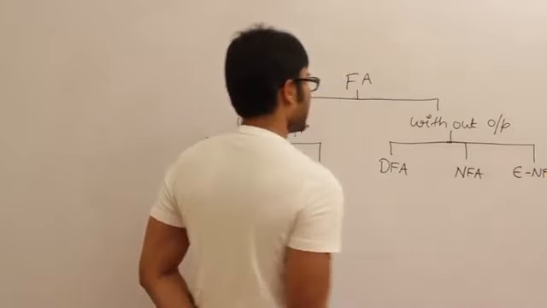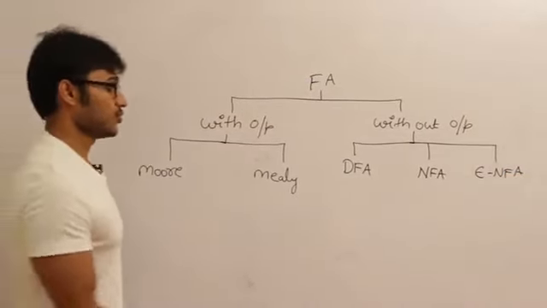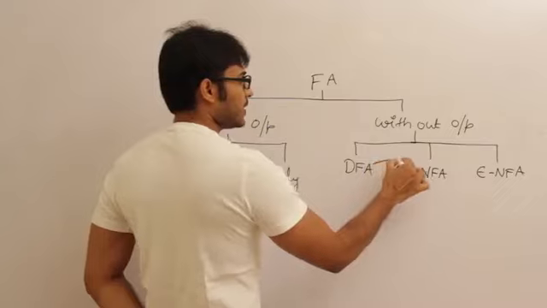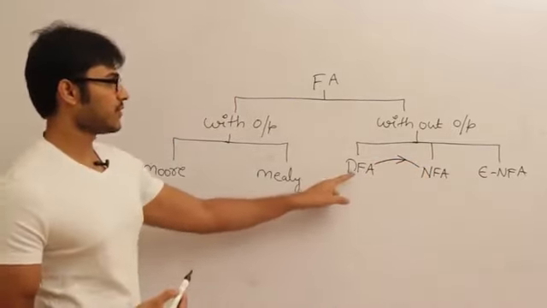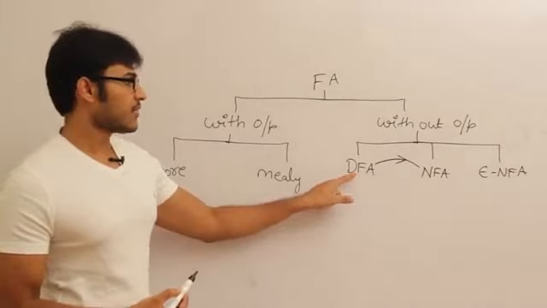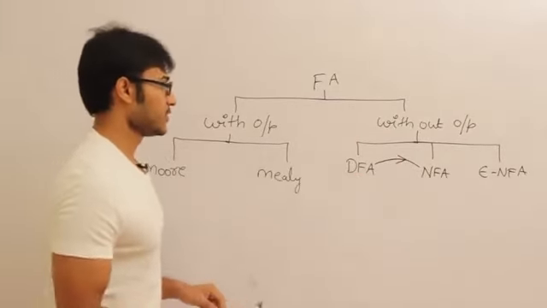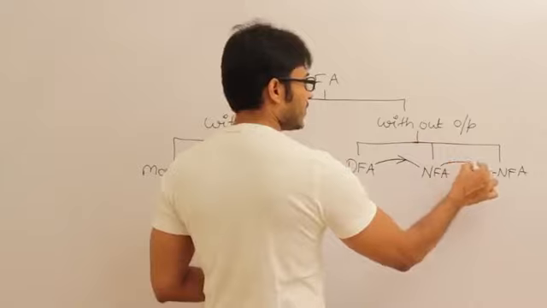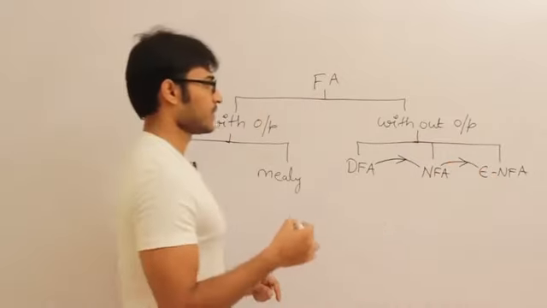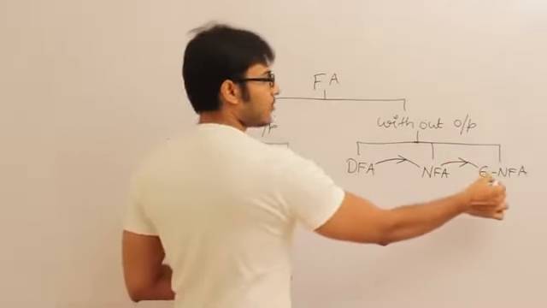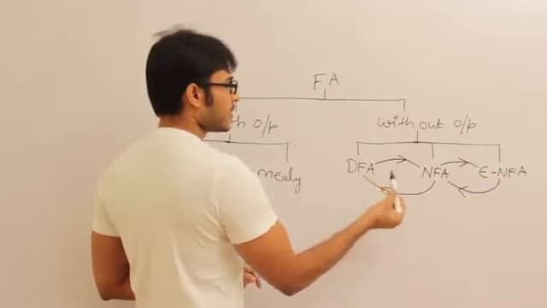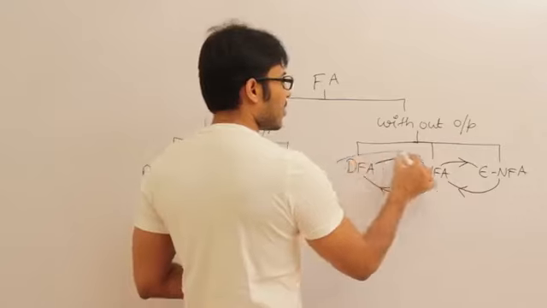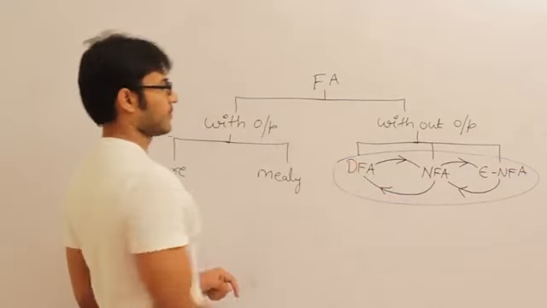We have shown that every DFA is an NFA by definition, depending on the transition function, and every NFA is an epsilon NFA by definition. And we have shown how to convert epsilon NFA to NFA and NFA to DFA. Therefore, we can say that all these are equivalent.